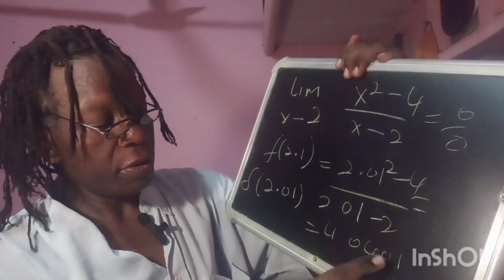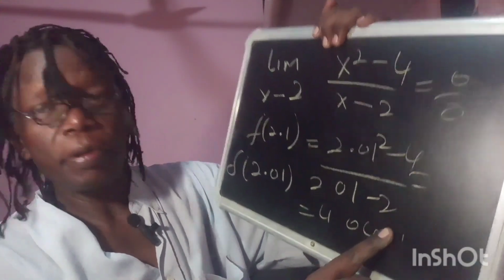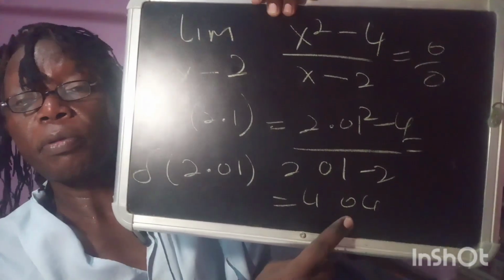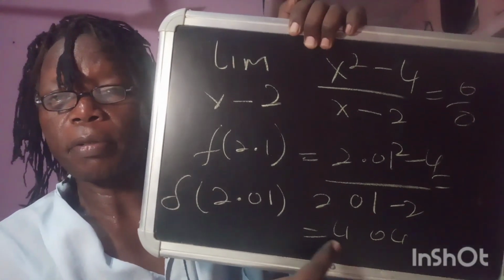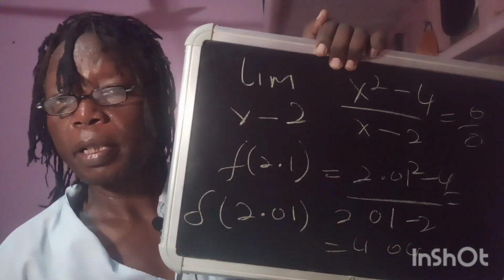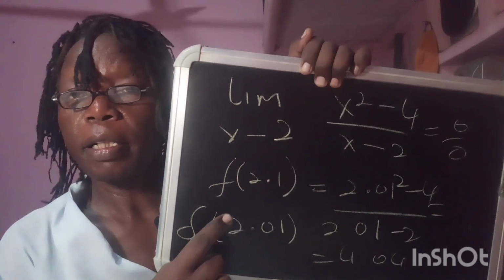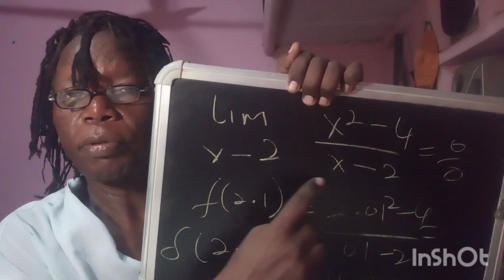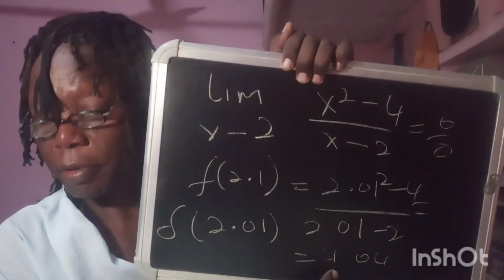When you did 2.1, you got 4.1, but now you can round this one up and get 4.01. You are getting closer and closer to 4, so 4 will be the limit. As x gets closer to 2, we are approaching the limit, which is 4.